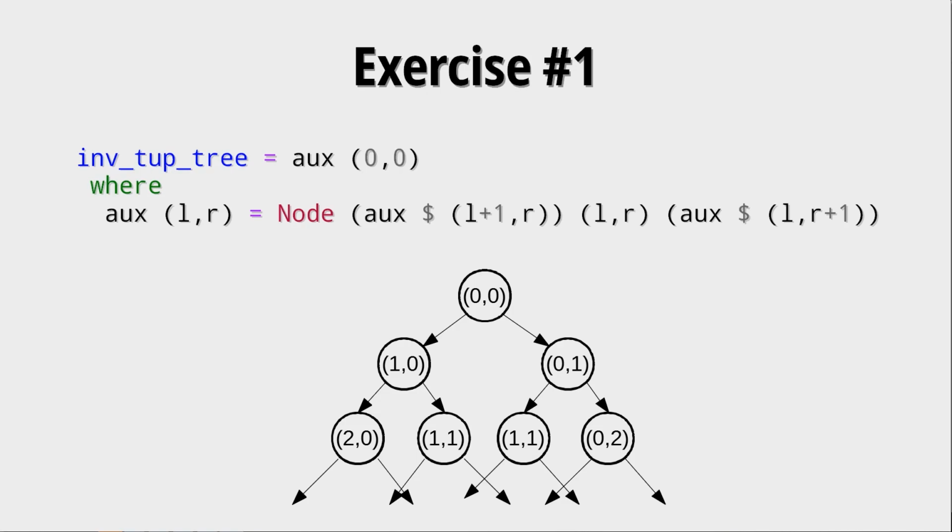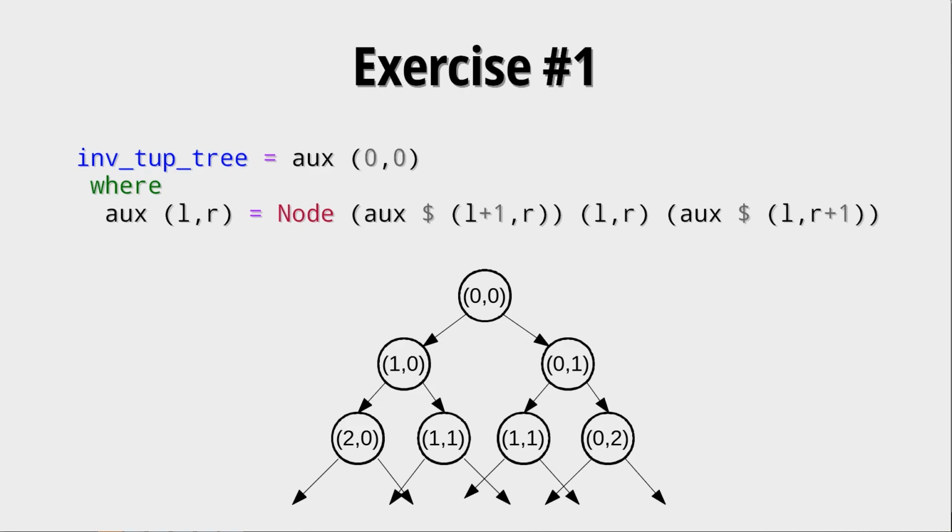And what we do is we take the tuple we have at the point when aux is called, and we put that as the value of our current node, and then again just recursively go down to the subtrees, or the subtrees are built recursively with this helper function.